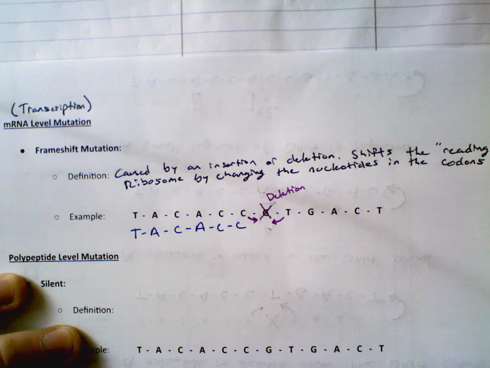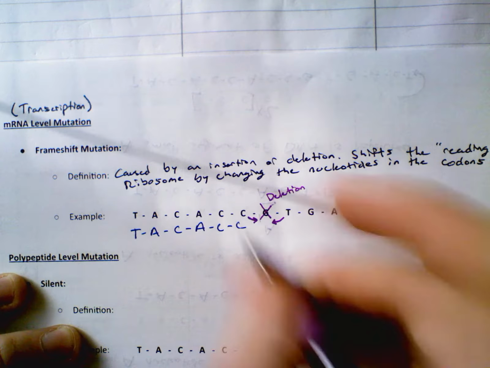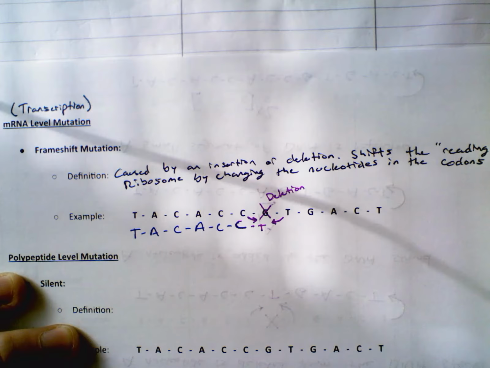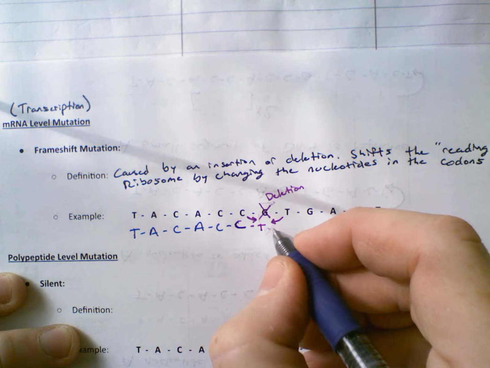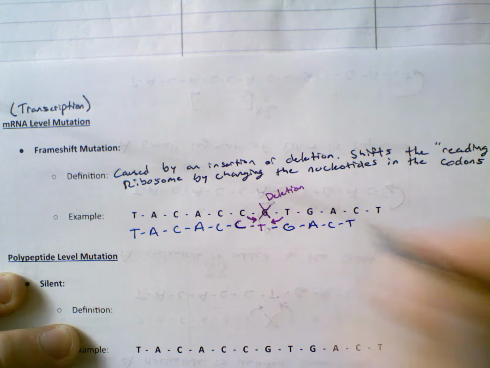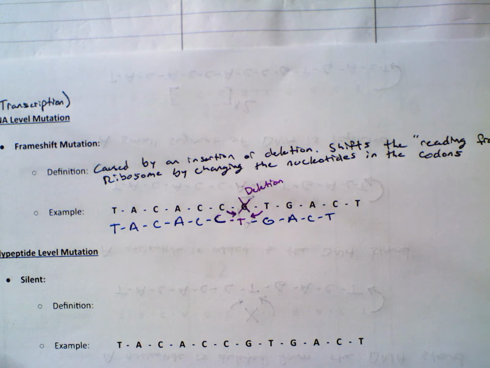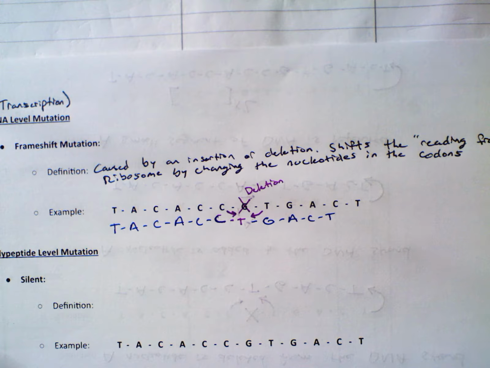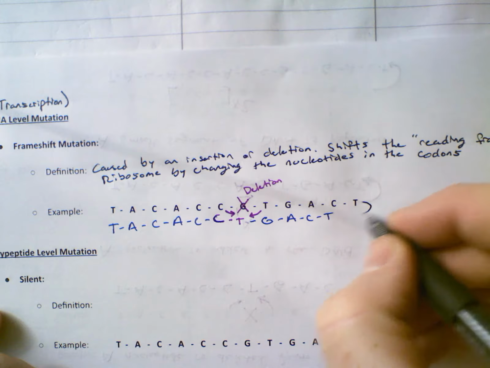It's going to be just like the deletion that we did on the other side. Okay, so now we need to transcribe both of these, the original and the mutation. We need to transcribe both of these strands of DNA to see what it actually caused in the messenger RNA.